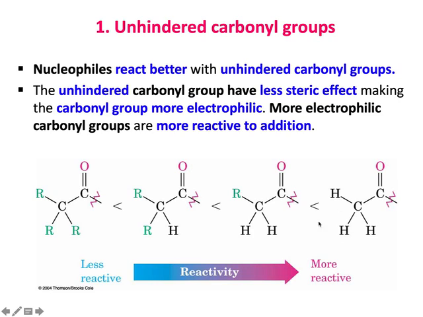Look at the surroundings of the C double bond O: here there are 3 R groups, here 2, 1, and no R group. If the carbonyl group is attached to fewer alkyl groups, it becomes more electrophilic, and so it is more reactive towards addition.